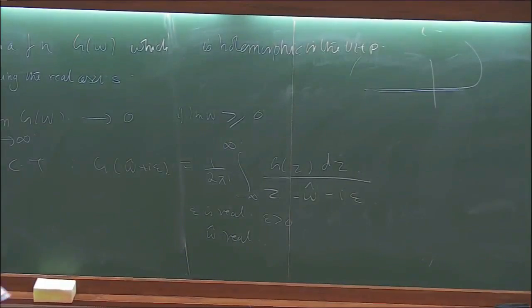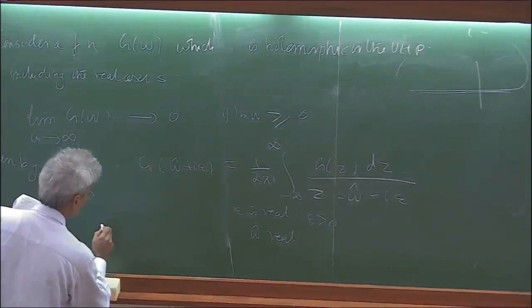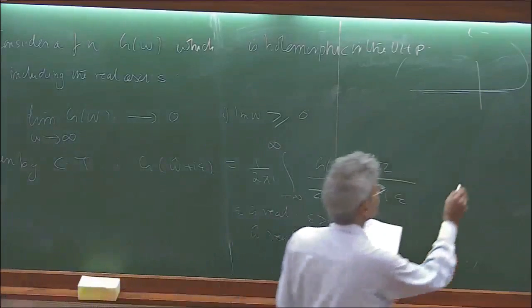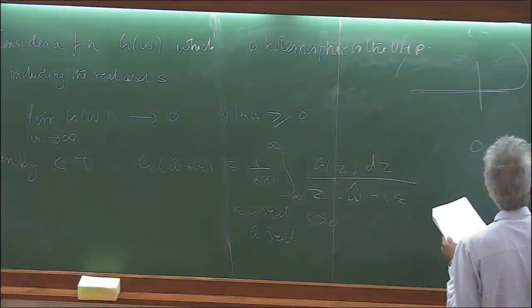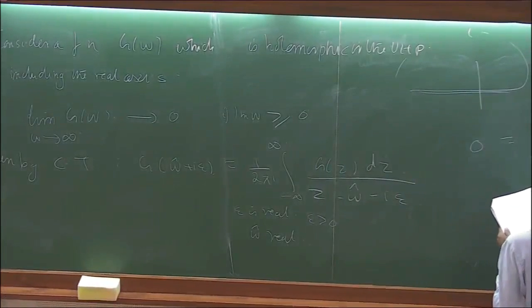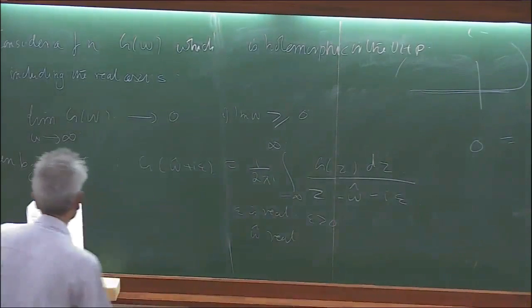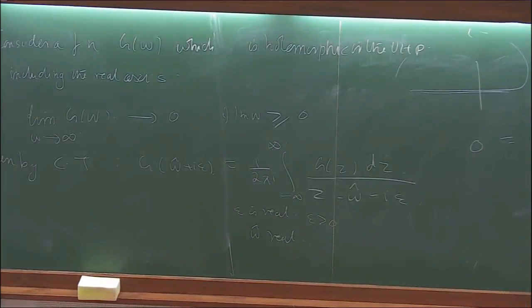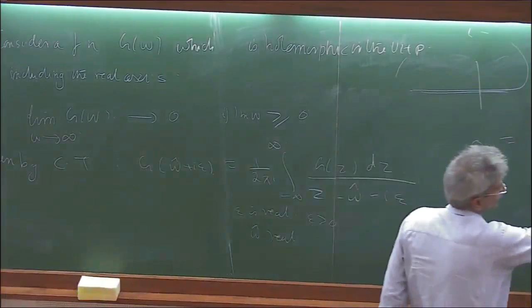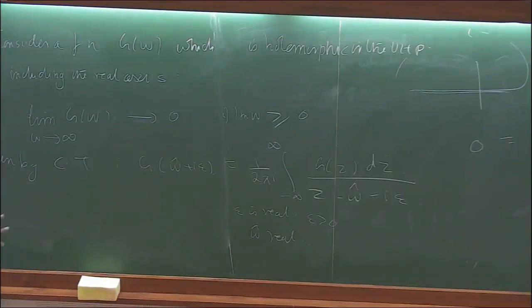Okay. And then, of course, you can apply it again, and you have 0 equals 1 by 2 pi i, integral from minus infinity to infinity, G of z dz by z minus omega hat plus i epsilon. So you have this particular property also because this pole is below, and so it's 0 here.